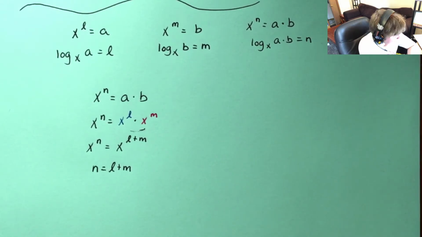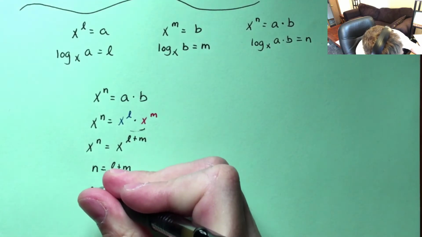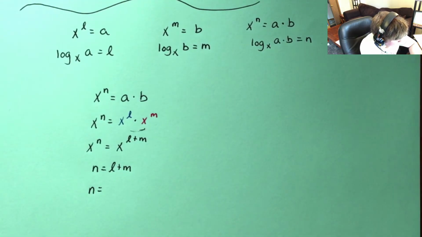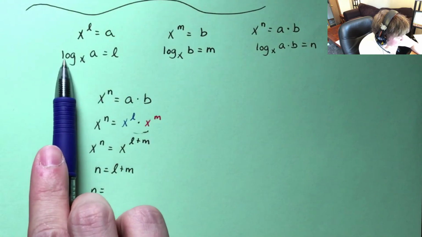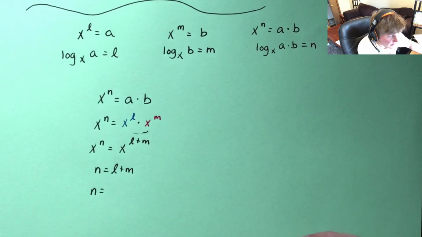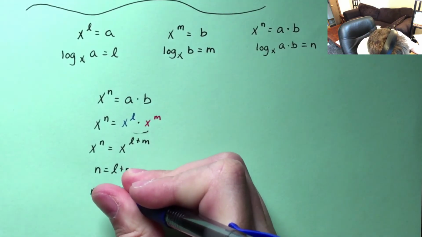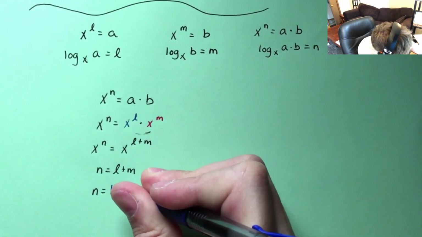So we know that n is also equal to L plus m. What is L equal to? L is actually equal to log base x of a.